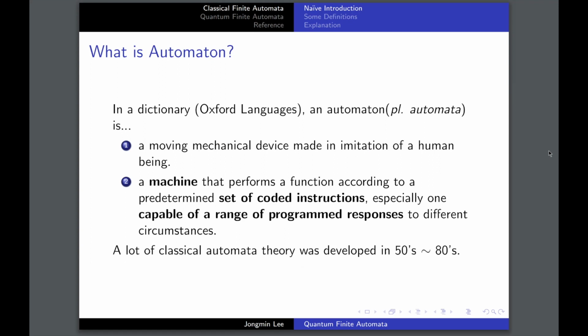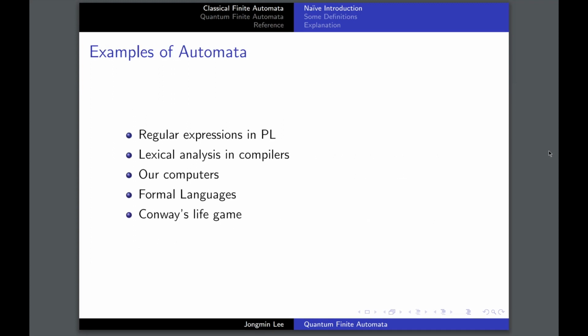So a lot of classical automata theory was developed in the 1950s and 80s. Automata is used in regular expressions in programming languages and lexical analysis, such as parsing in compilers. And our computer, the Turing machine, is also an automaton, and formal language is strongly related with this automata theory.